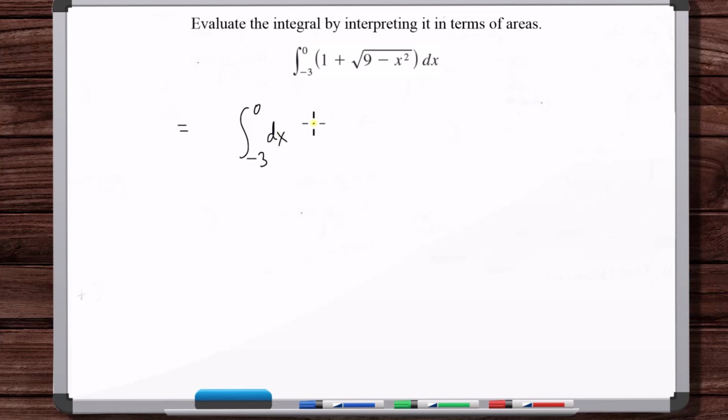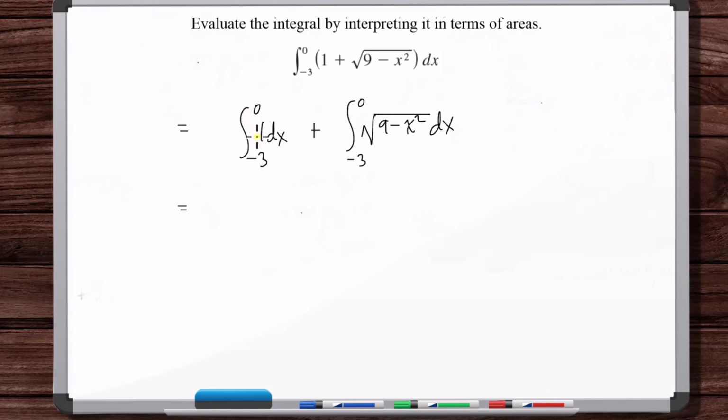So this is equal to, we can do this, 1 dx, and then we can do that. Okay, now we talked about how to interpret this. This is the definite integral of the function f of x is equal to 1. So the function is constant over the interval from -3 to 0.